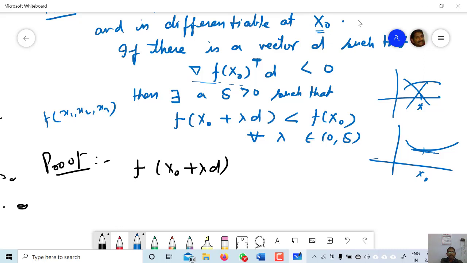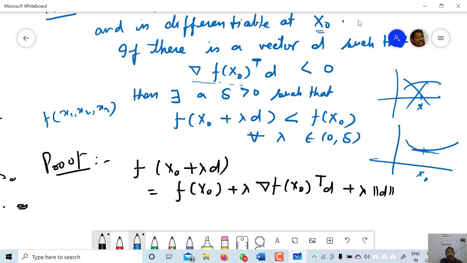That means if we include lambda here, then by the definition of differentiation it can be written as f of x0 plus lambda times the gradient of f(x0) transpose d plus lambda norm of d times alpha, a function of x0 and lambda d.